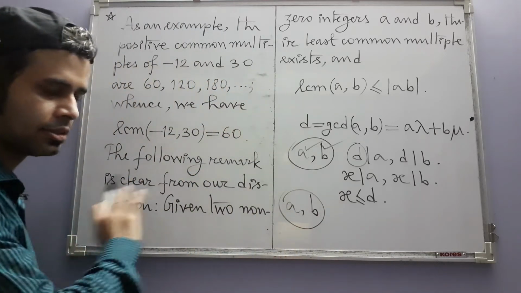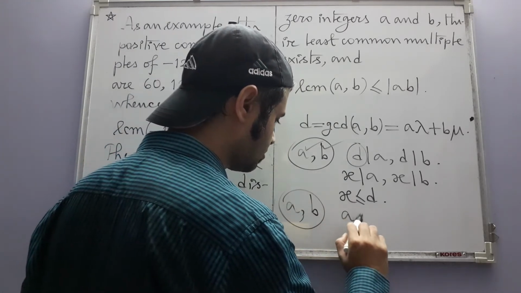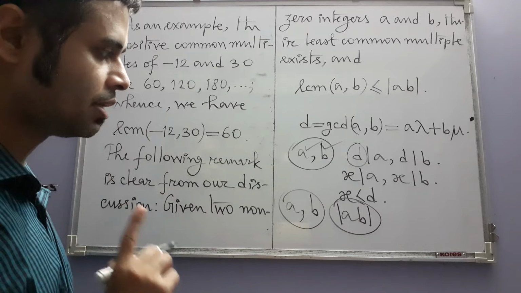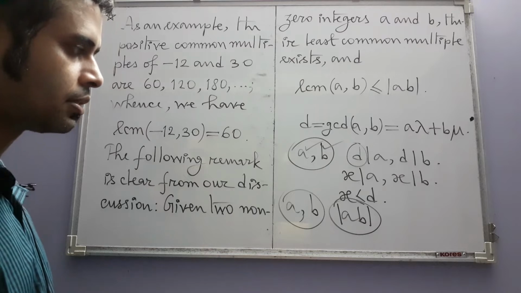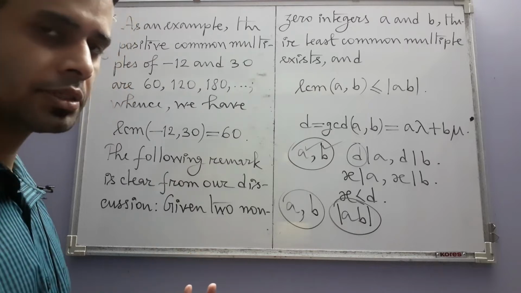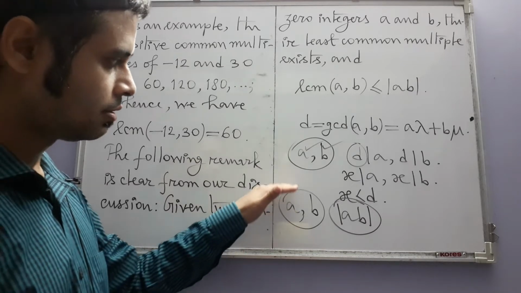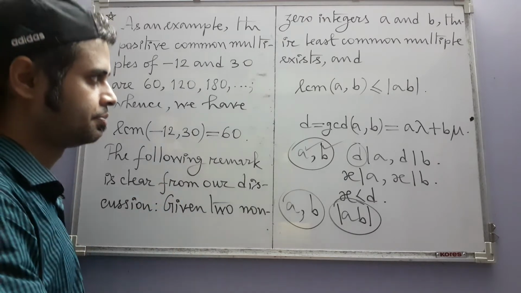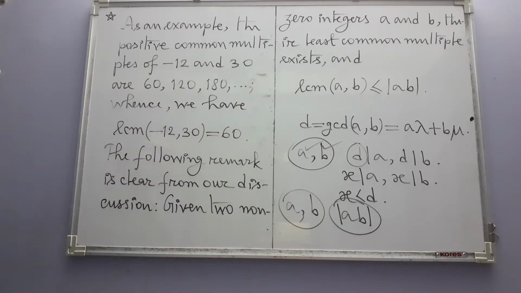Just to repeat that discussion quickly, if you have A and B, two non-zero integers, then their product is a positive common multiple of A and B. That is why the set of positive common multiples of A and B is a non-empty subset of the set of all positive integers. So by the well ordering principle, there is a smallest element, and that smallest element by definition is the LCM. So it is much easier than the existence of GCD. That is the difference between the existences of these two things.